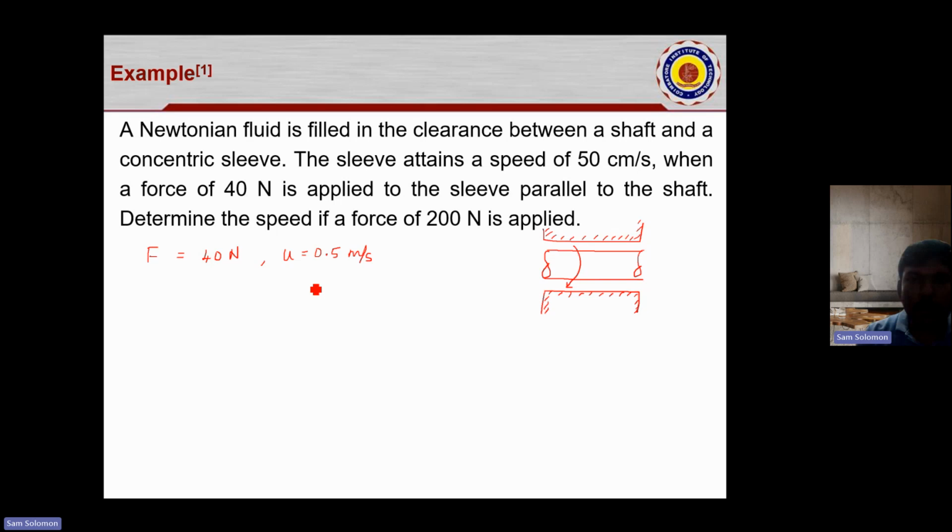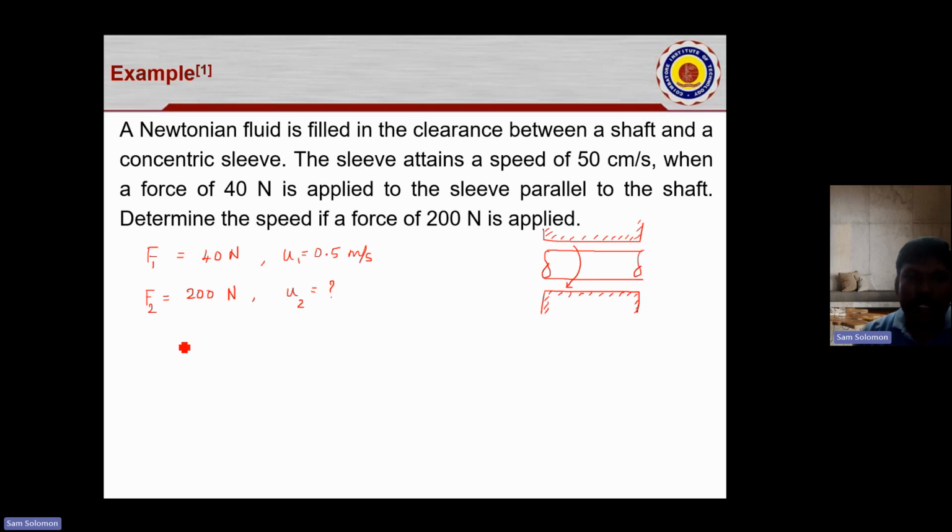And they want us to find what would be the speed if a force of 200 Newton is applied. So since there are two forces, let's denote this with F1 and F2 and the corresponding velocity with U1 and U2. I'm supposed to find out the value of U2.